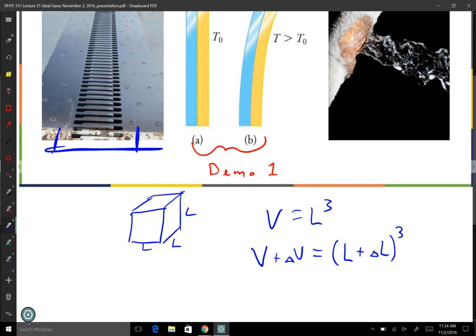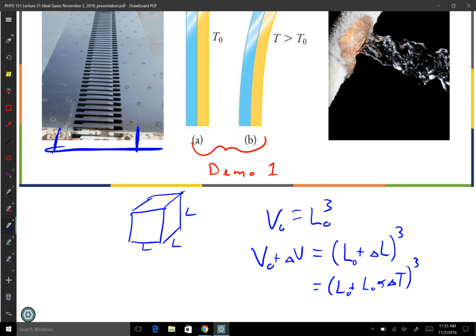And then you put in the equation for delta L. I should have put sub-zeros here. I have that on the right-hand side.